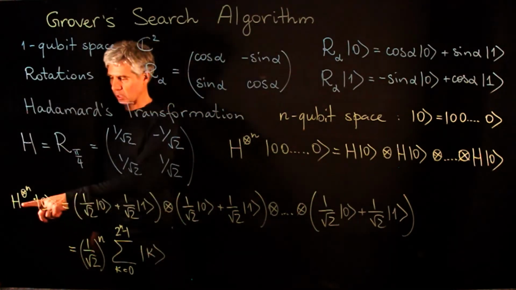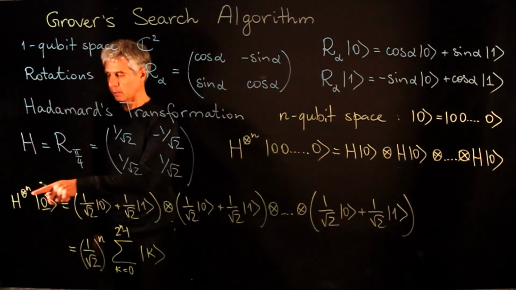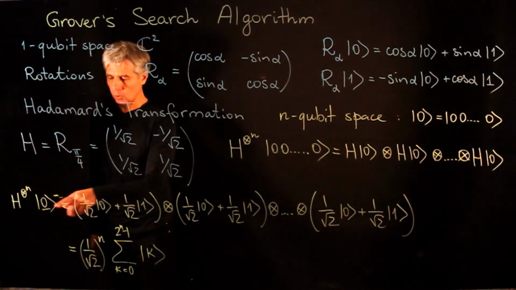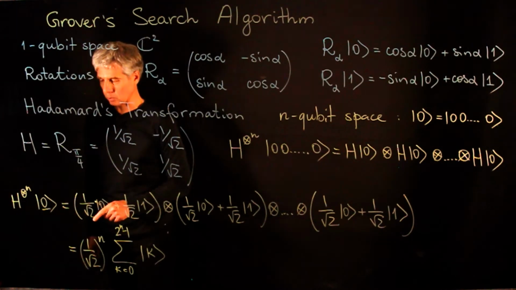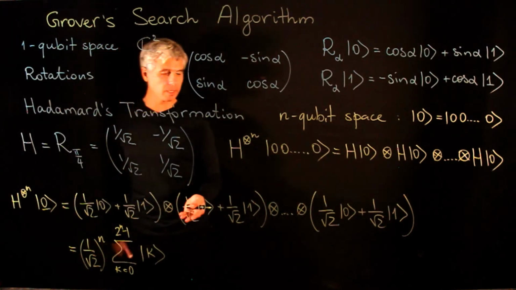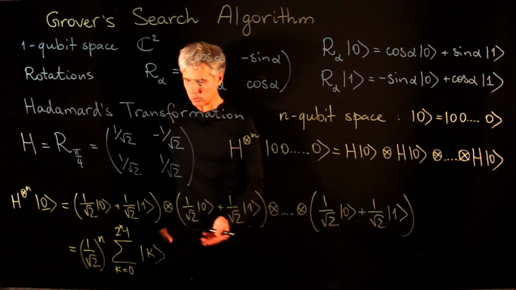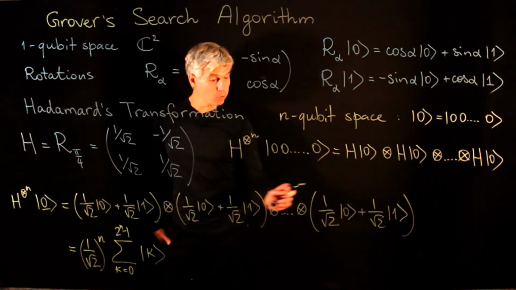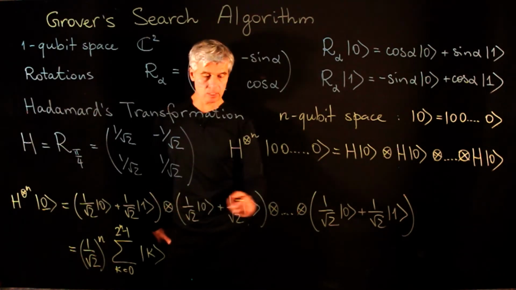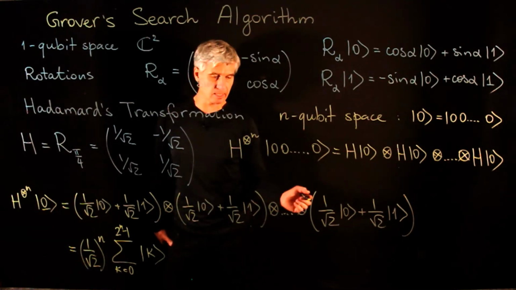This is achieved by applying the nth tensor power of Hadamard to just a basis vector that consists of all zeros. Basically, we're applying the Hadamard transform to each component. We should point out that this state is actually not entangled, because it still factors as a tensor product of n states.